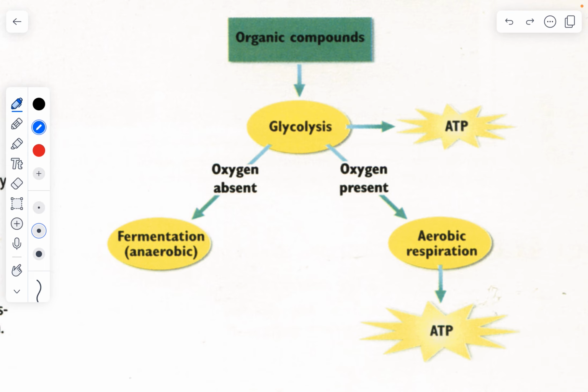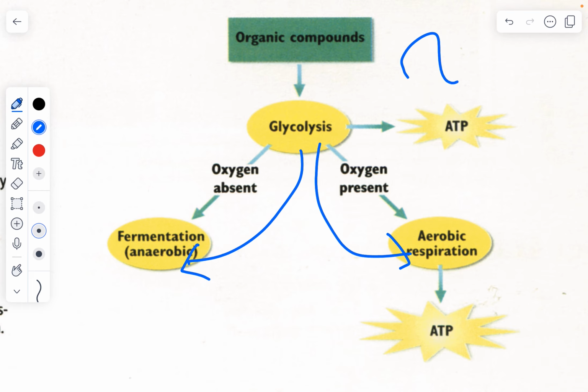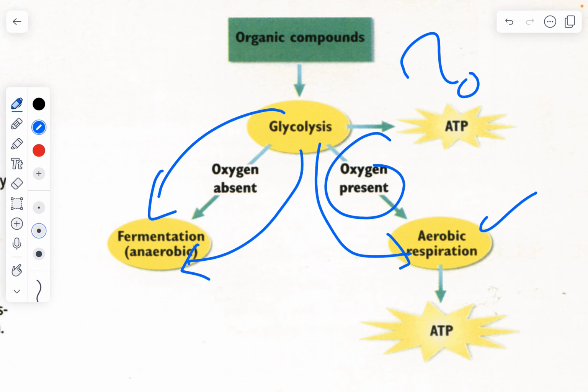It will decide to undergo either fermentation or aerobic respiration, depending on what? Depending on oxygen availability. With oxygen, pyruvic acid undergoes aerobic respiration. Without oxygen, pyruvic acid enters anaerobic or fermentation pathway. Both of the terms are used.